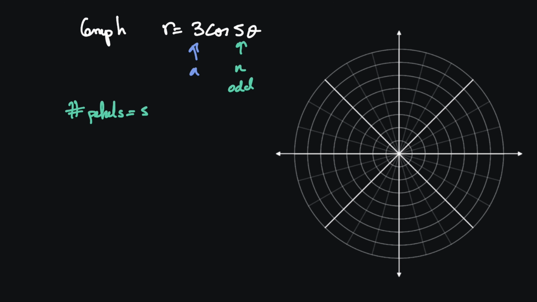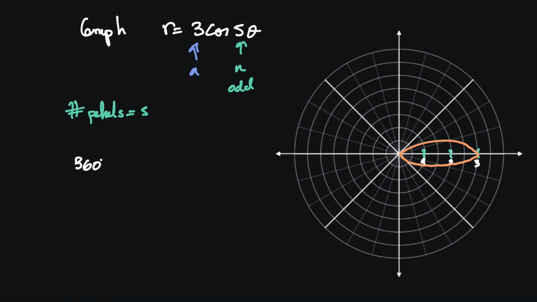Okay, so if this is 3, and let me change the scale again. This is 1 circle, this is 2, this is the third circle. So since A is equal to 3, we know that's going to be 1, 2, and 3. And my first petal is going to be like that.